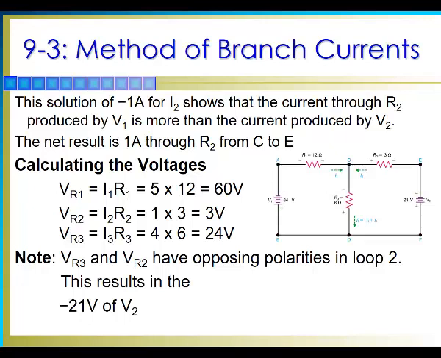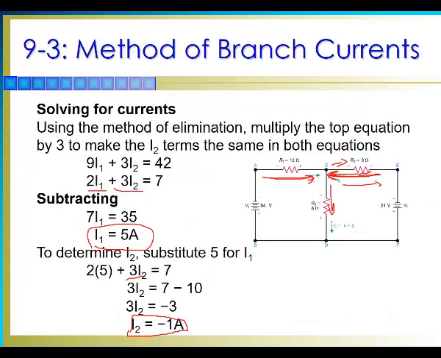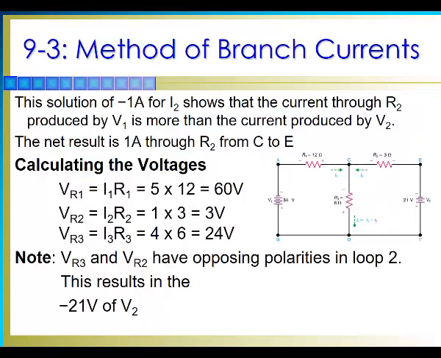So to calculate the voltage drops around the circuit, we have the voltage, we have the resistors, and now we found the currents. We already know current 1, current 2, and current 3. To calculate these voltages, all we have to do is plug the values into the formula.